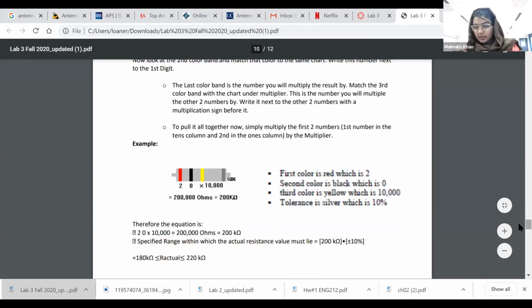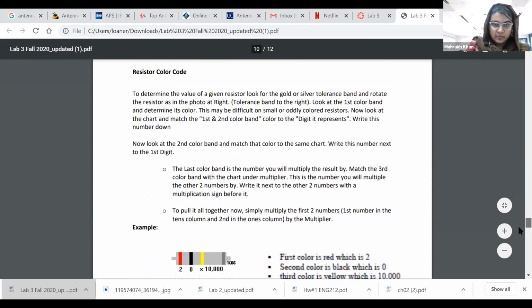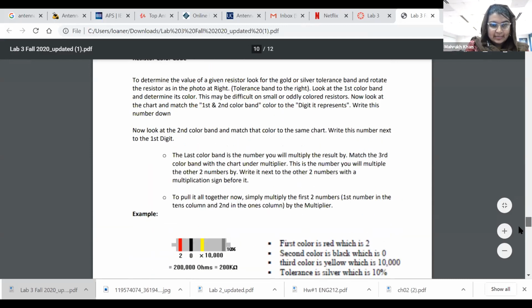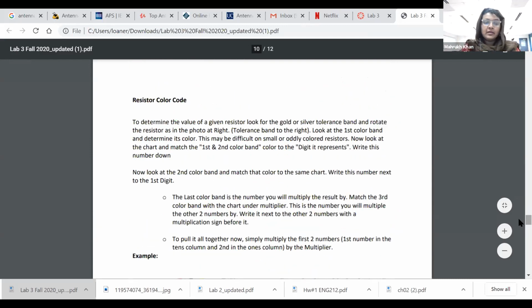Okay, now I'm coming to the procedure. What is it? About resistor color code. Procedure 3. It's saying that if you see on the resistors, there are color bars, okay? By looking at these color bars, you can tell what the value of the resistor is. So how can you tell that?